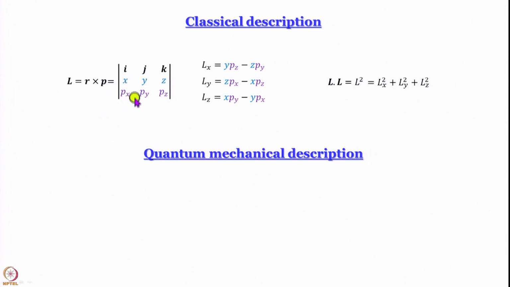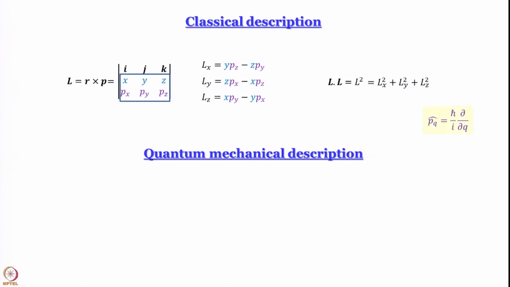We have to replace x by the position operator x, which is just multiplying it by itself. You have to replace px by the momentum operator px hat. Okay. So, these are the two rows in which this determinant is going to look different, but mean the same when we try and build a quantum mechanical description.